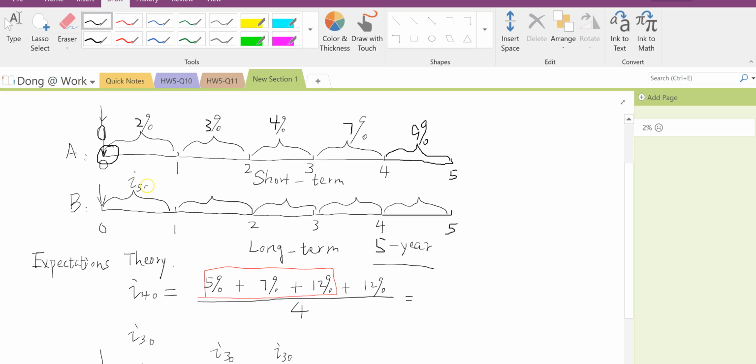That, like what I explained in the solution to question number 8, stands for the time spot where we stand. I always assume we stand at time 0, but you can also stand at time 1. Then you only have 4 years left. So I50 is the annual interest rate for the 5-year bond.